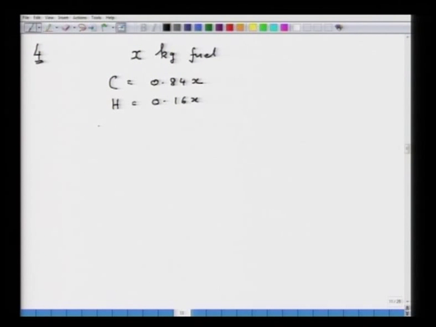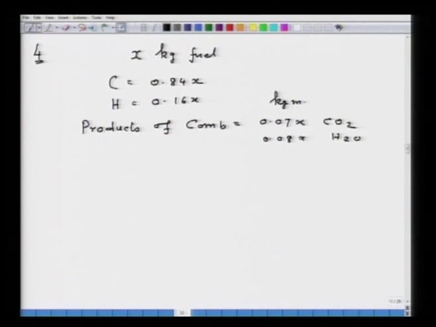So, the products of combustion will be equal to 0.07 x, that is CO2, and 0.08 x H2O. Now, mind you, they are in kg moles. This is in kg.